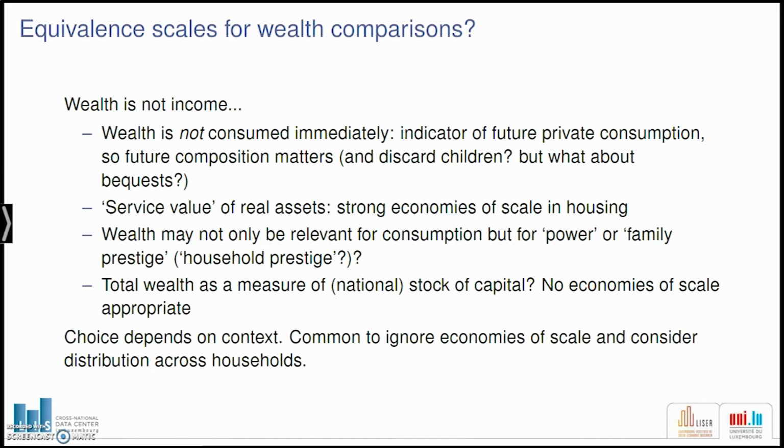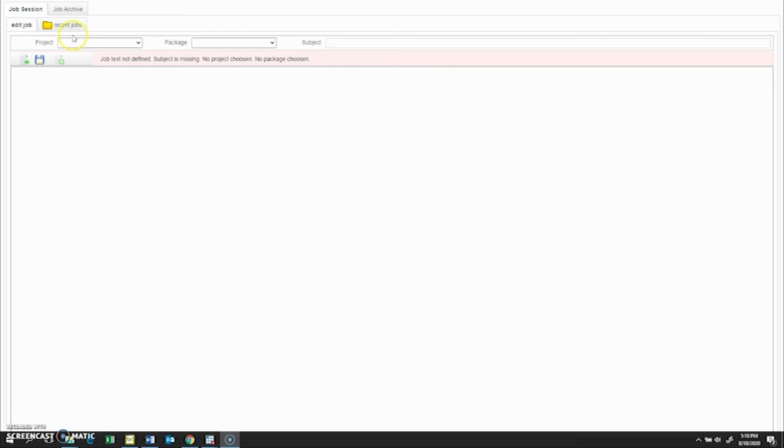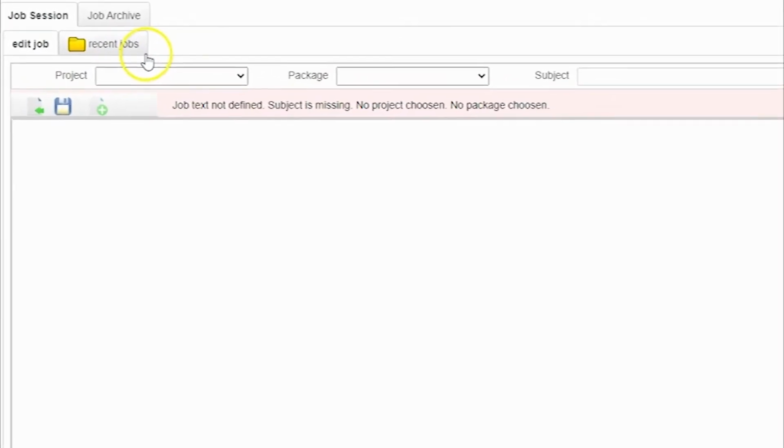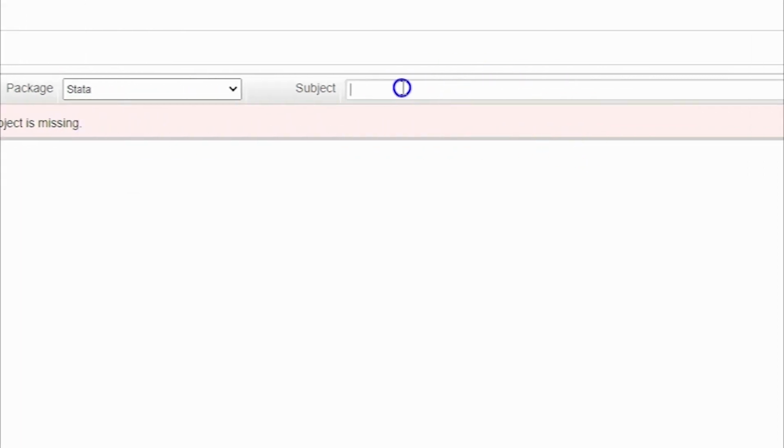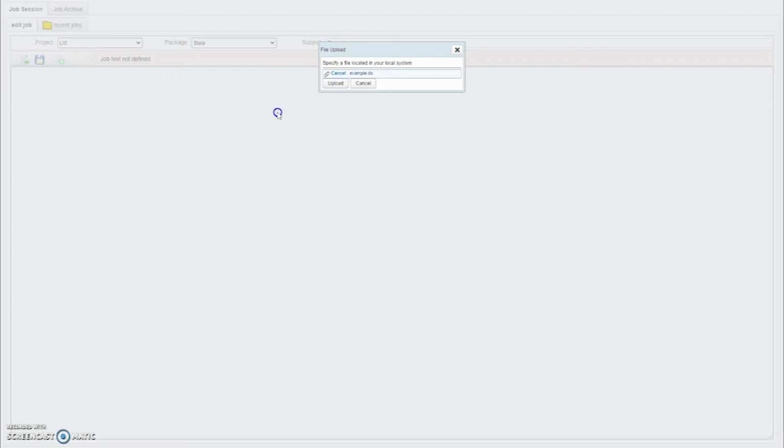So let's now look at a simple example using LISSY and see how much results can be sensitive to the choice of equivalence scales. Let's give this a try. So, I've opened the LISSY web interface. Let's select LIS and the scales.